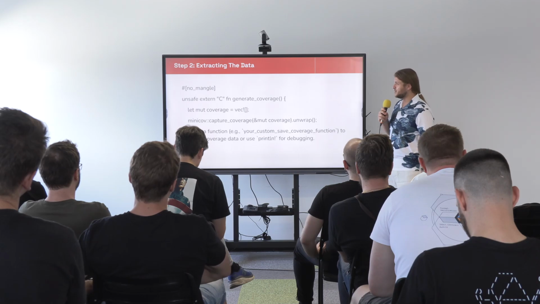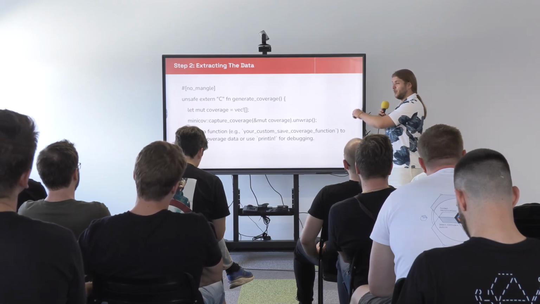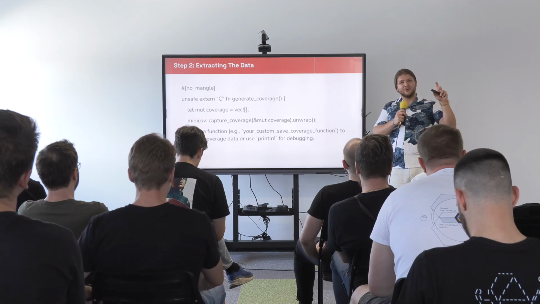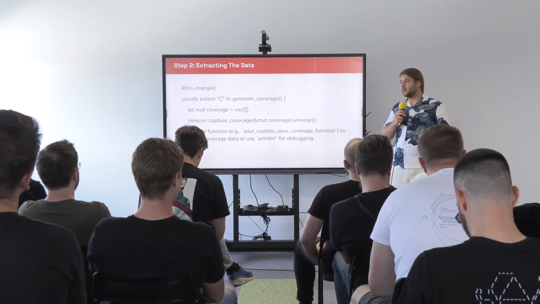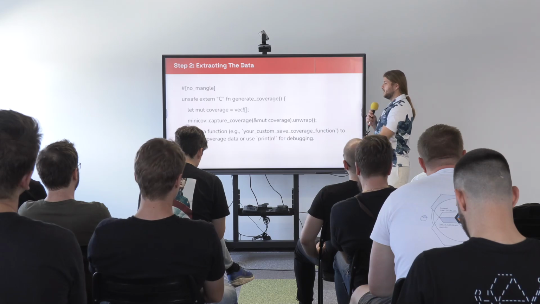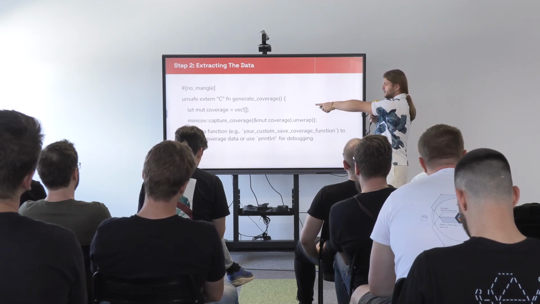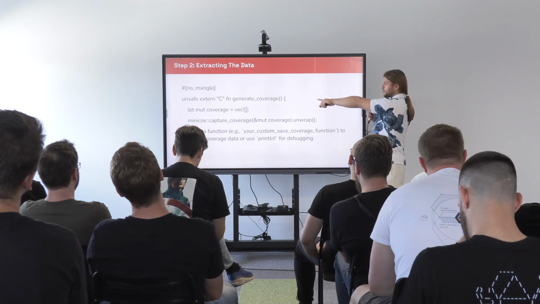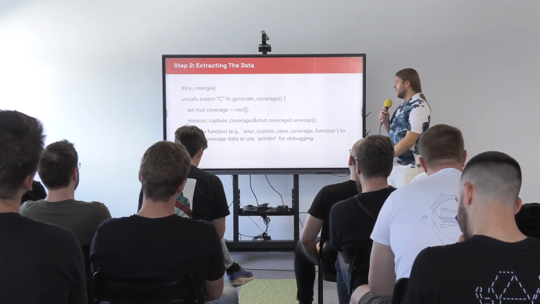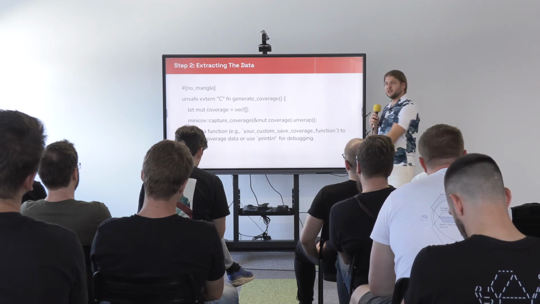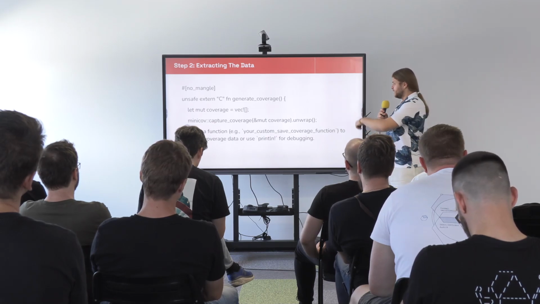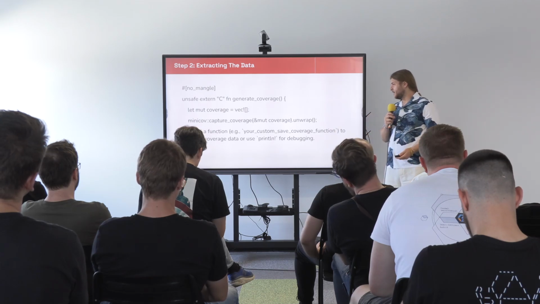But the custom patch is more or less, when the VM is about to be killed or whatever, we want to run this. So what this does is it gets the coverage information data into this coverage vector. And then we call a function, which is a function that we need to patch on the VM, that is somehow going to save that data.